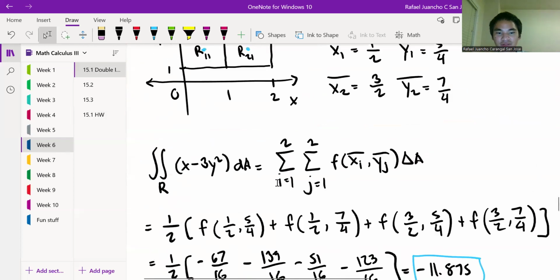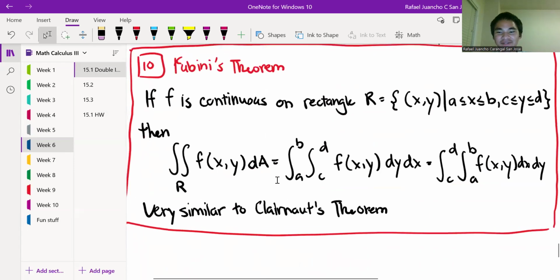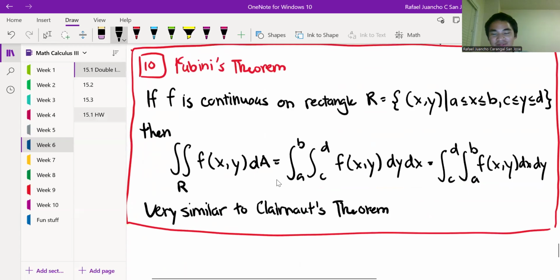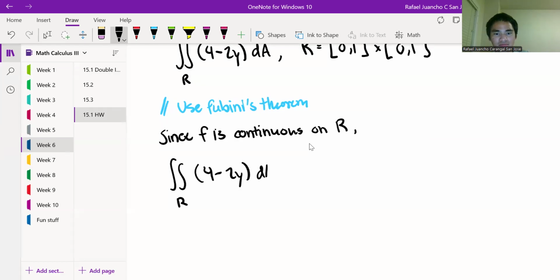I don't want to deal with anything Riemann related right now. I want to focus on the analytical tools that we can use. Then we say that this integral is just equal to the integral from 0 to 1, from 0 to 1 of this function.